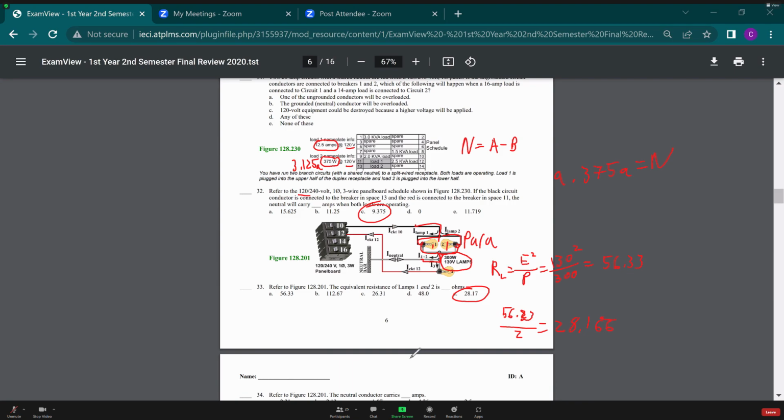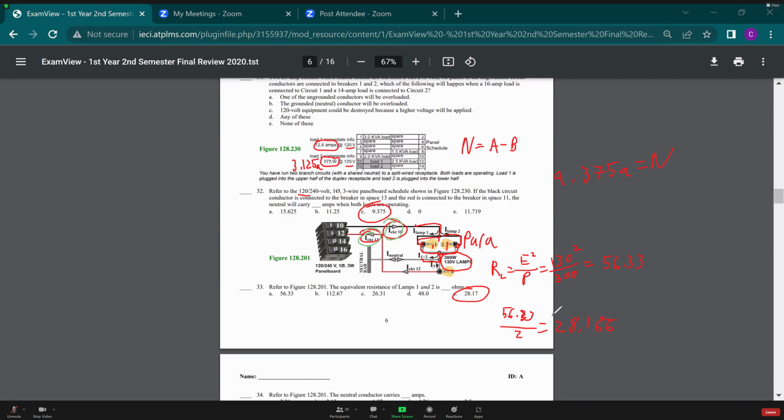Now, for this, what we can do is go one step further. If you look at question 34, it's the neutral conductor carries blank amps on it. For this, all we need to figure out is how many amps are on circuit 12 and how many amps are on circuit 10. To figure that out, I'm going to use my resistance.